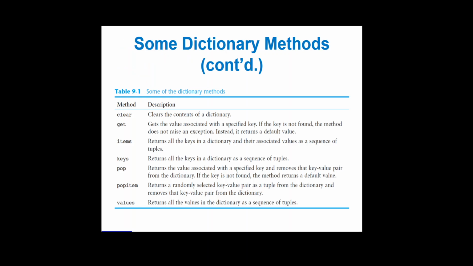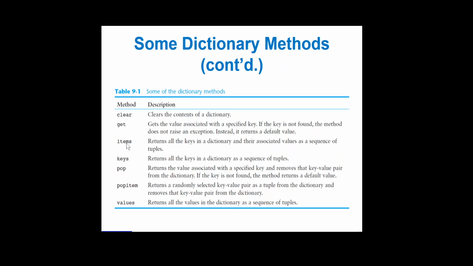Okay. These are the common methods that we just explained. Clear is to remove all the contents and empty the dictionary. Get returns the value associated with the key, where we provide the key. And in this case, we can use a default message to tell if the key is not available.